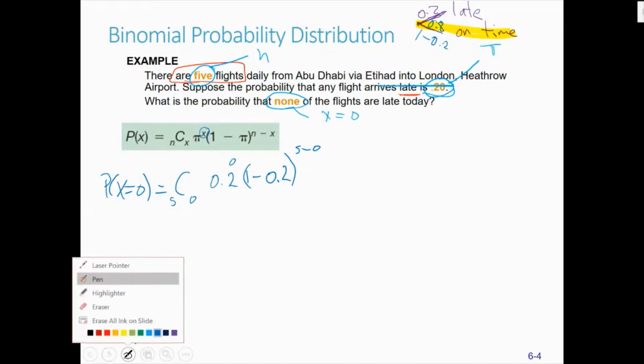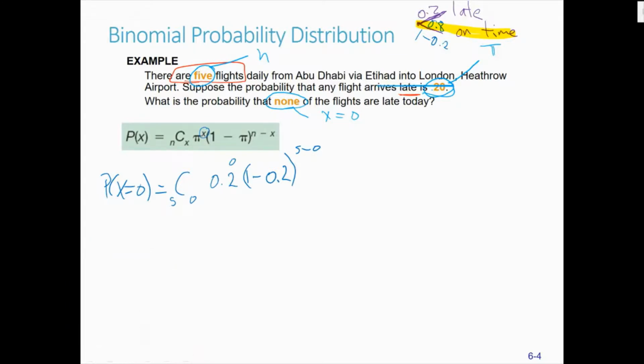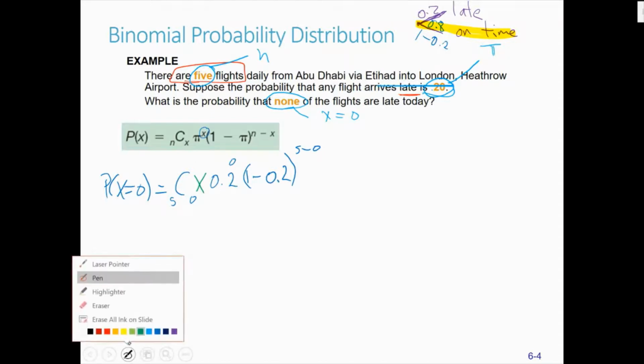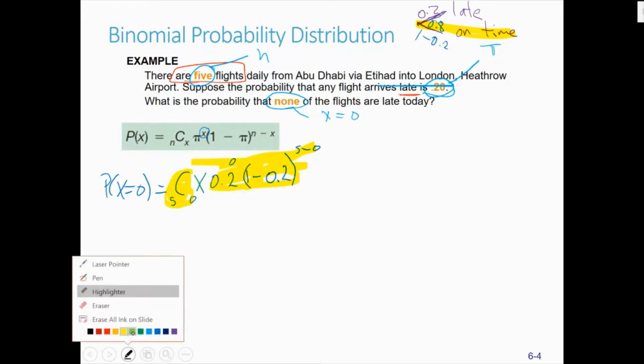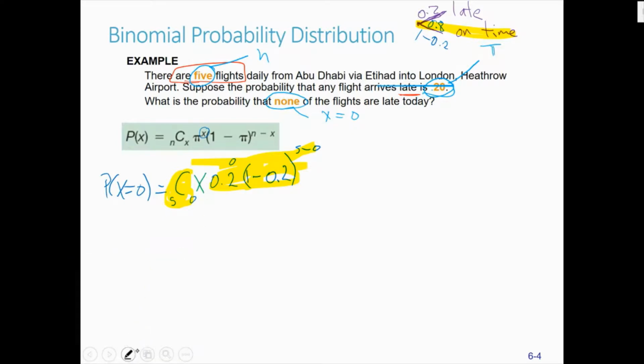Now, in your calculator, it is super important that you put a multiplication sign here. When you're doing the combination part of the formula, and you do the rest of the formula in your calculator, you need to add a multiplication sign.